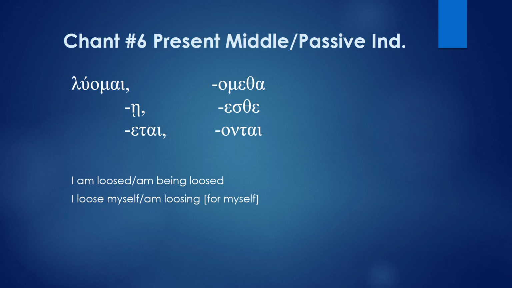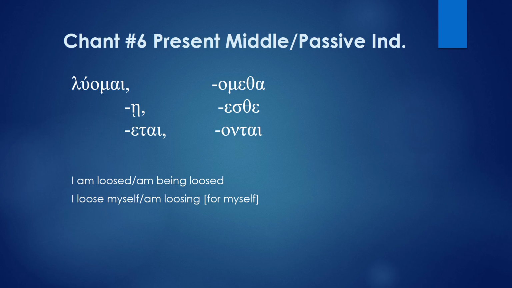Ometha is the ending for the first person plural. We loose for ourselves, or as a passive, we are loosed. Esthe is the ending for the middle, you all loose for yourselves, or in the passive form, you are loosed.